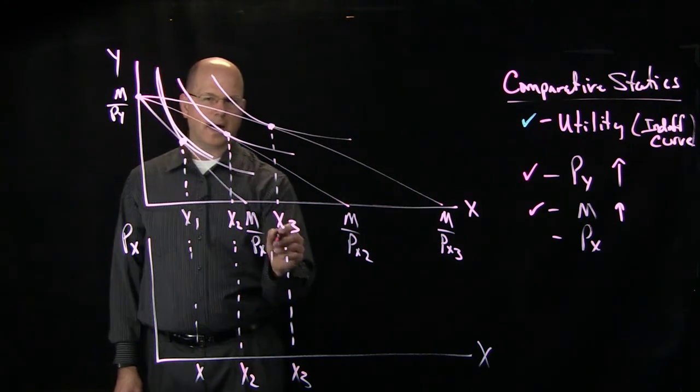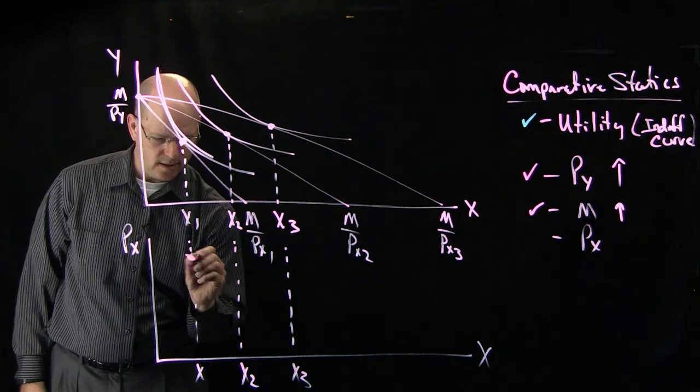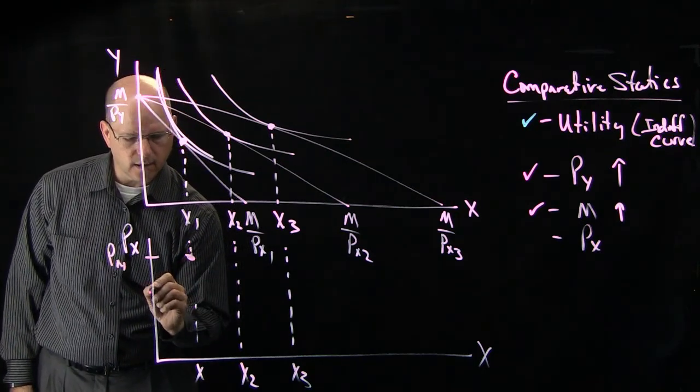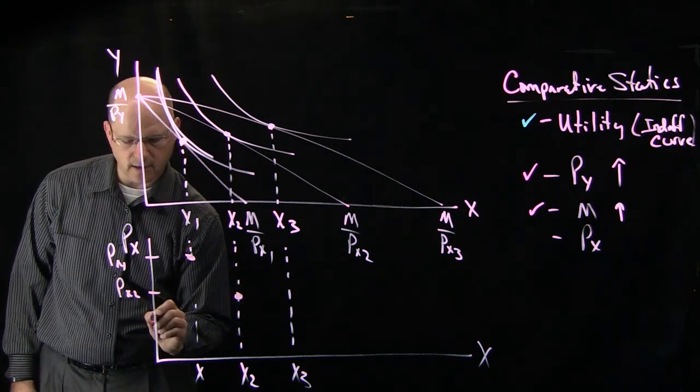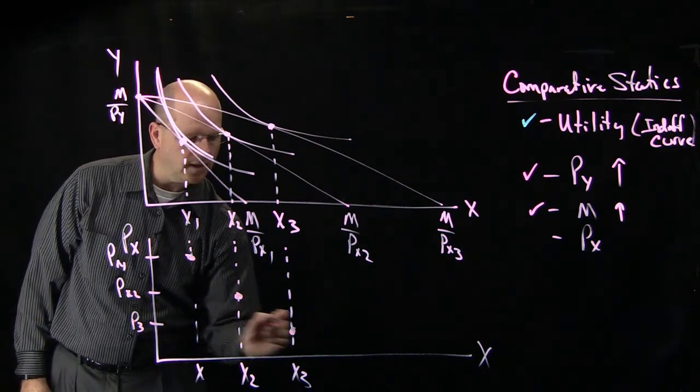And which was the highest price of X? When we were buying X1, right? So PX1 is right here, PX2 is right there, and PX3 is right there.